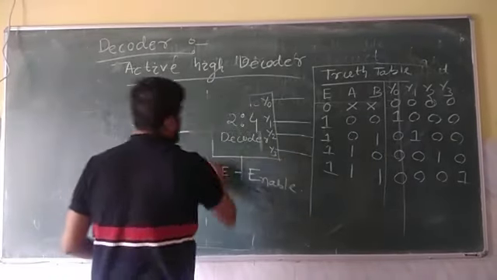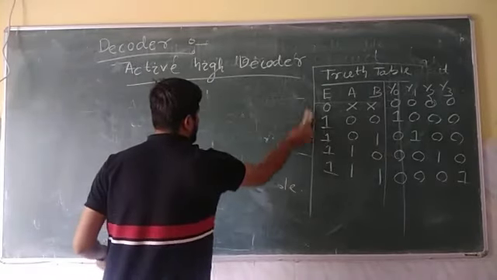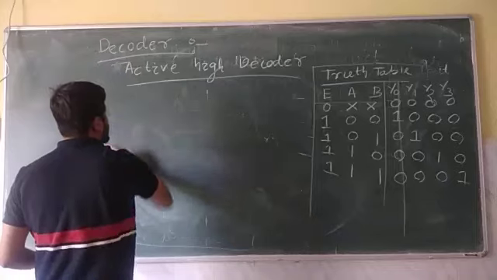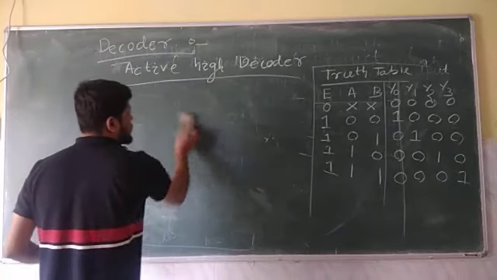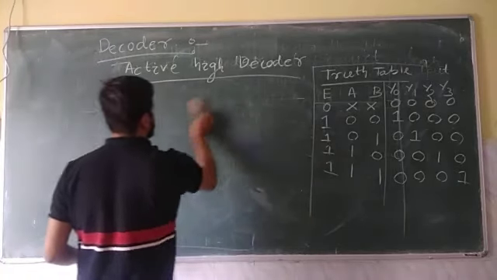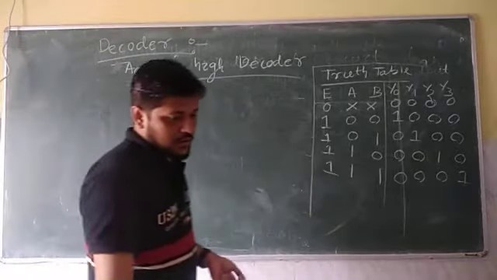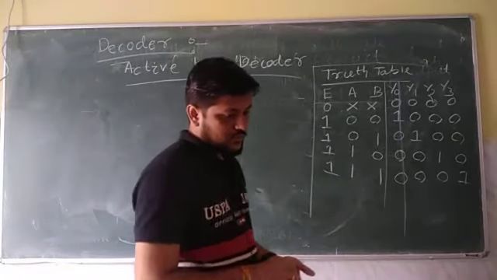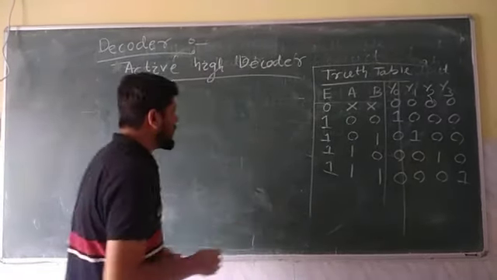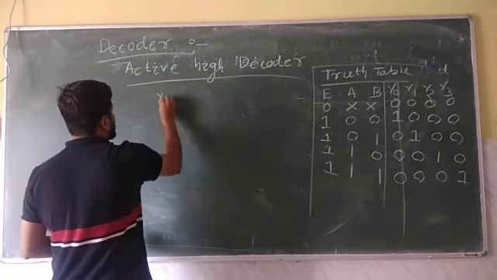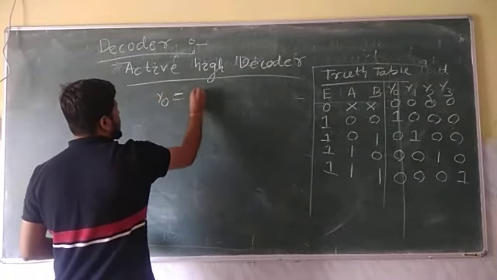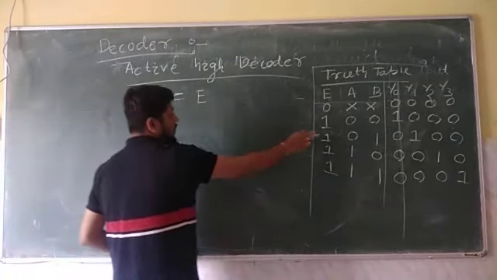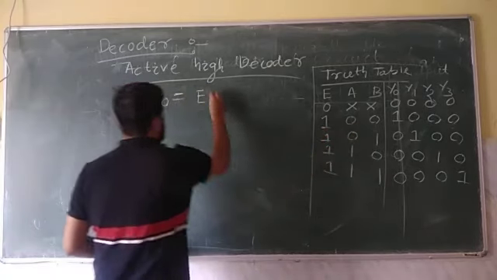So now it's time to design the decoder logic. What will be the values now? Y0 is equal to E A bar B bar.